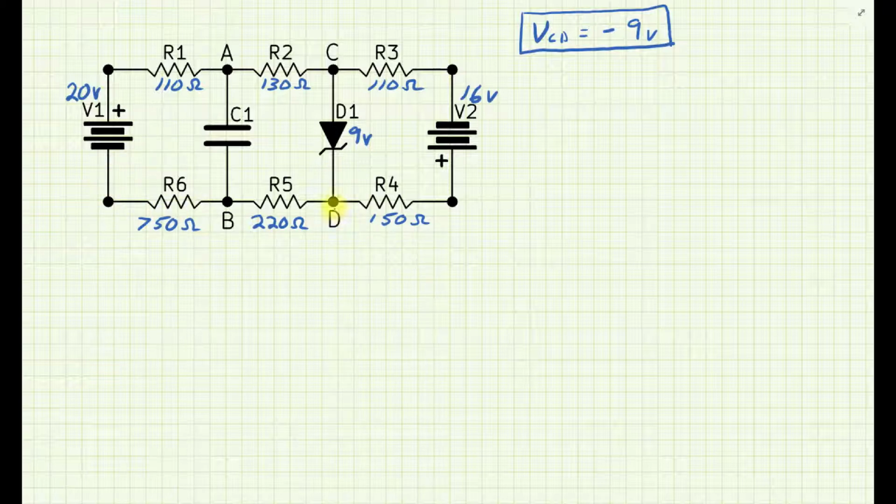And I'm also going to solve my C to D diode voltage, R3, V2, and R4 loop. My plan is to do those two loops, determine the final currents in those resistors, and then from there determine the voltage drops.